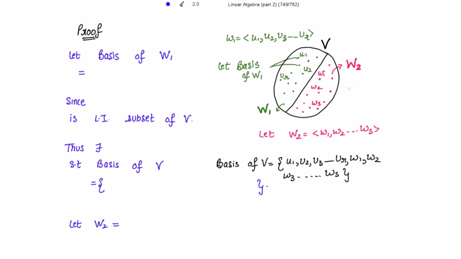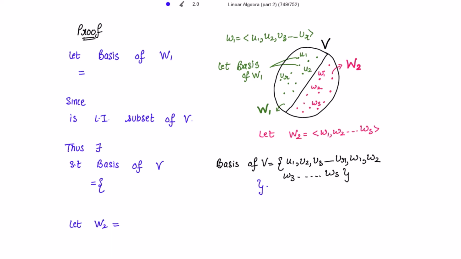Because all these vectors form the basis of V and are linearly independent, they generate the sum of the subspaces W1 and W2. And the sum of the subspaces is nothing but the complete V, so we can write that V is equal to W1 plus W2. This is what we are going to do here.